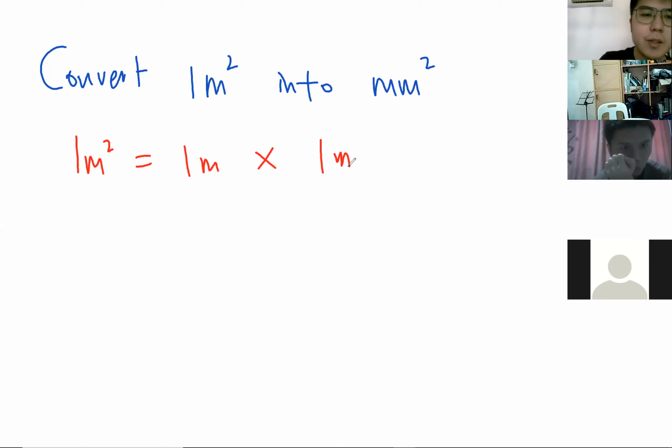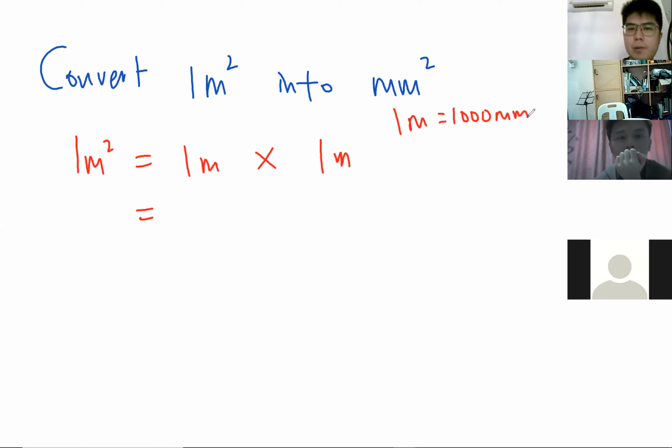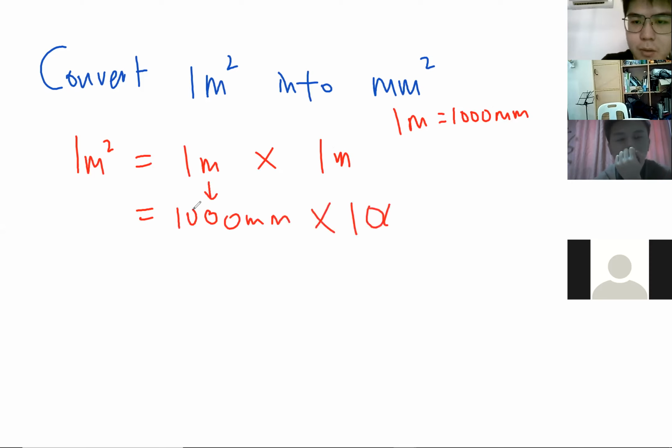So you break it down like this so that you don't have to deal with the square. Since 1 meter is equal to 1000 millimeter, this becomes 1000 millimeter times 1000 millimeter.